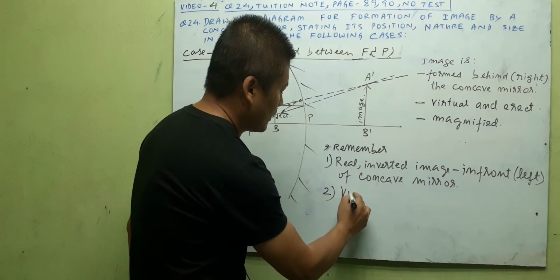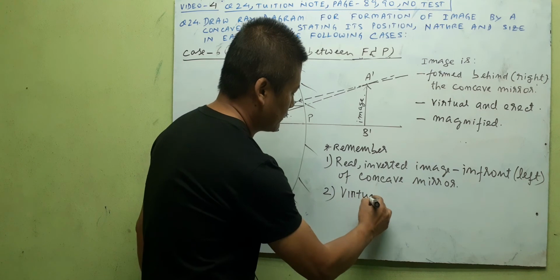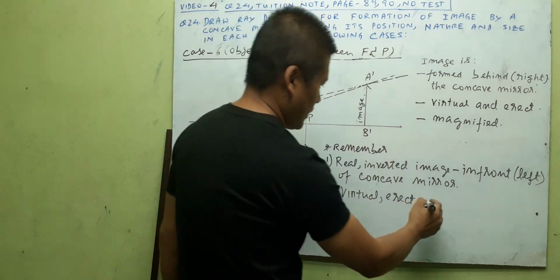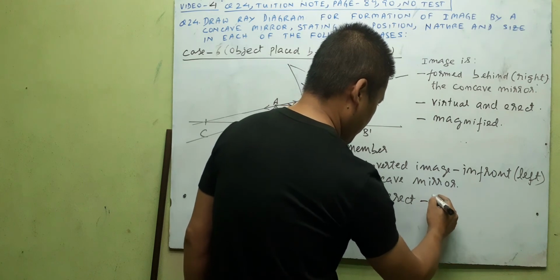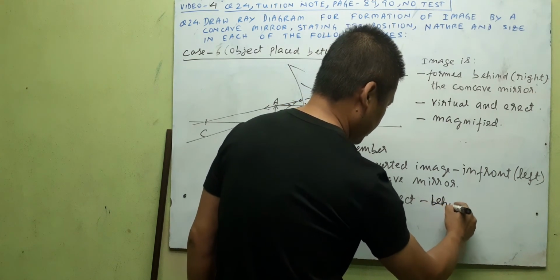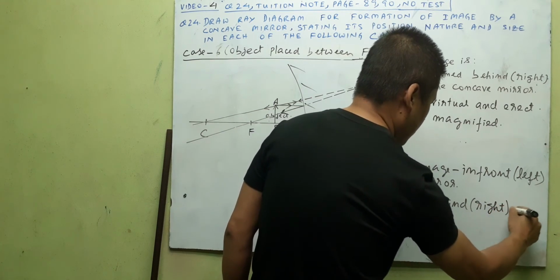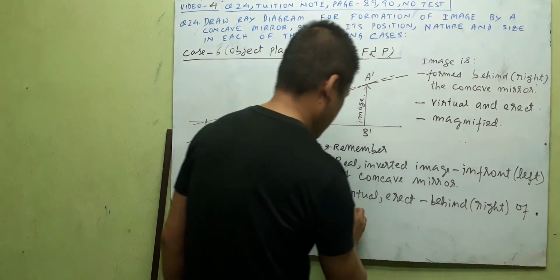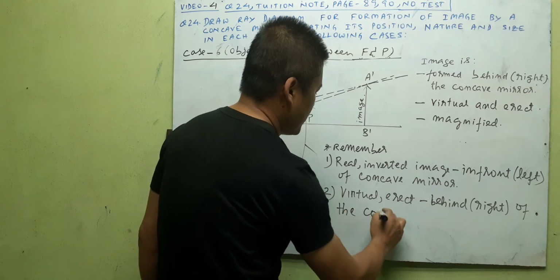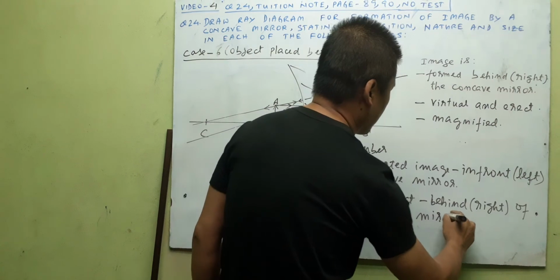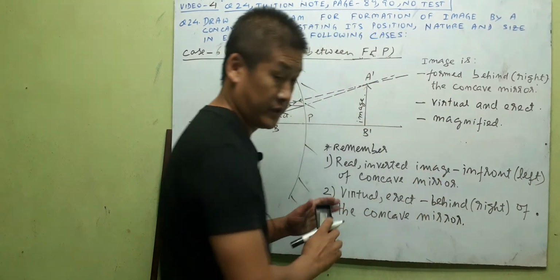2, we saw here virtual erect image, as we showed just now here. Always from behind, or it is always on the right side of the mirror. You can simply say mirror or concave mirror. Okay, so finally, remember this point.